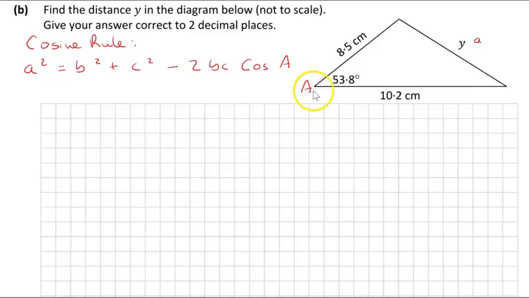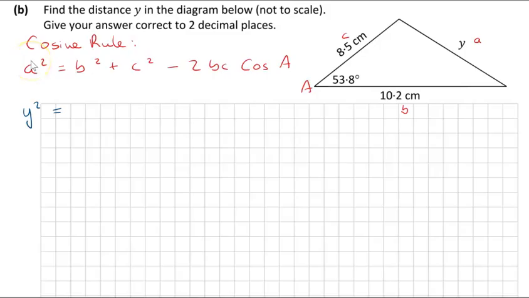So that has to be capital A. So the opposite side will be lowercase a. Then the B and the C, it doesn't matter which way you label them, so long as the capital A is in the right place. So I've decided to let 10.2 centimeters be B and 8.5 centimeters be C.